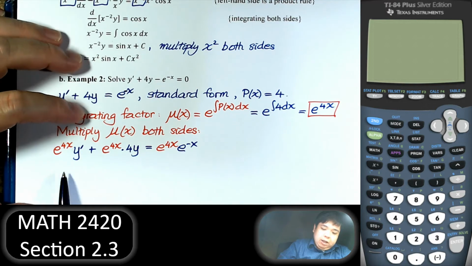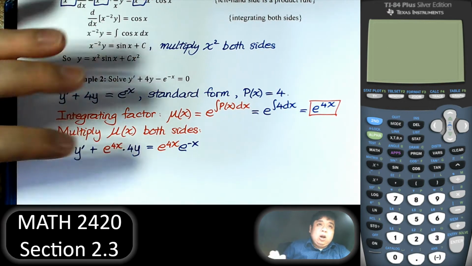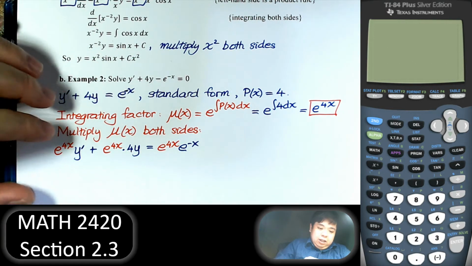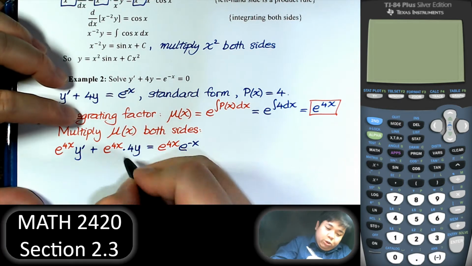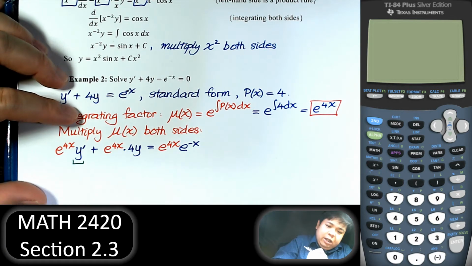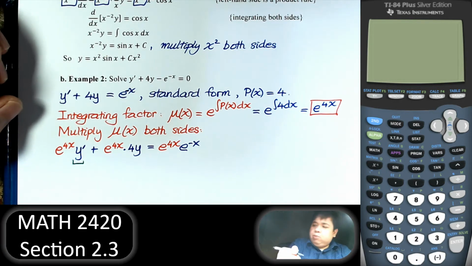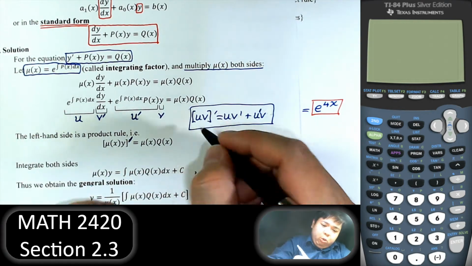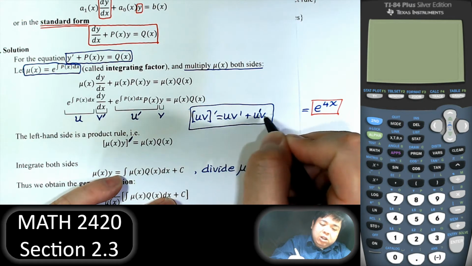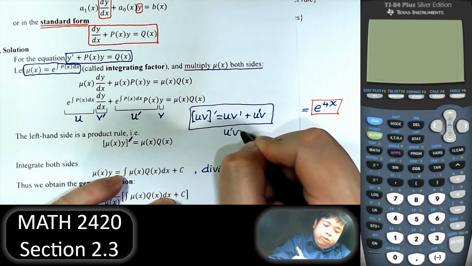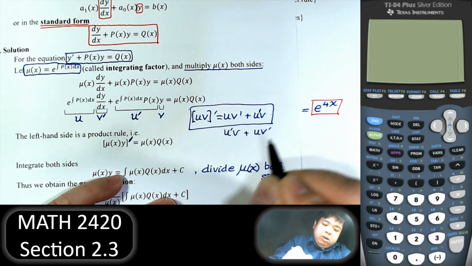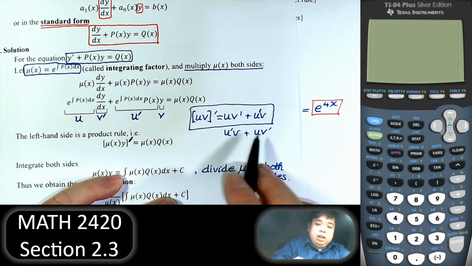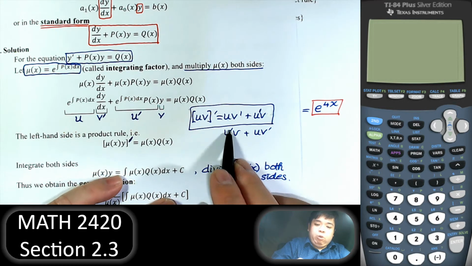Right, now this will be the chain rule, product rule. So, let's just put the product rule once again. It's u v prime plus u prime v, or u prime v plus u v prime. So we have the derivative of uv.